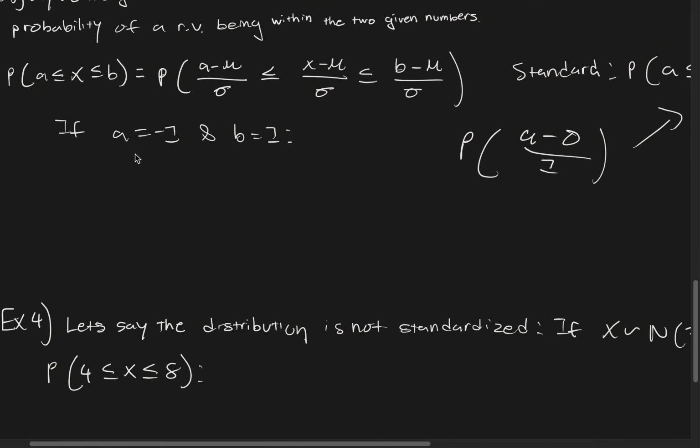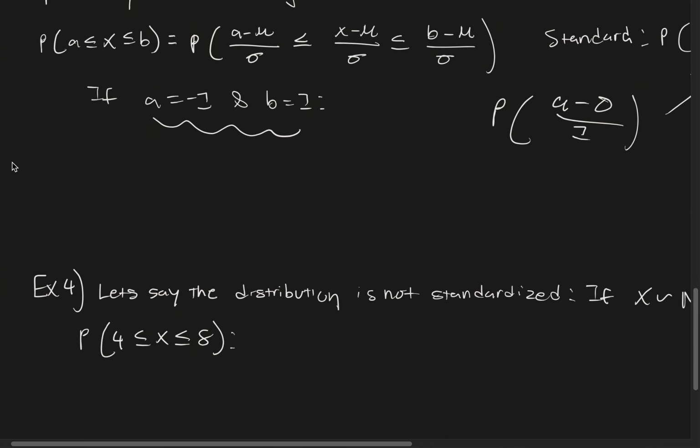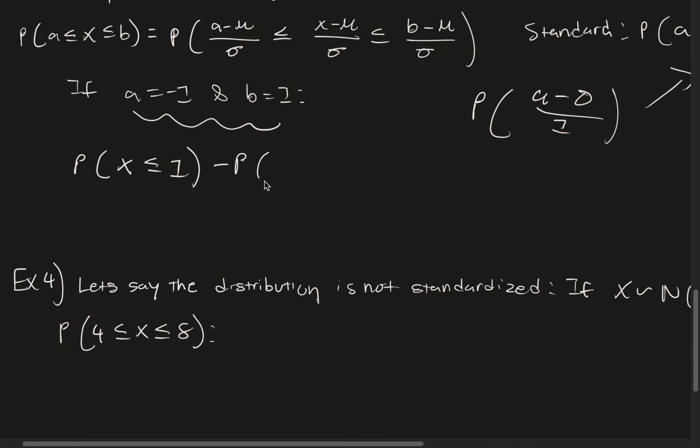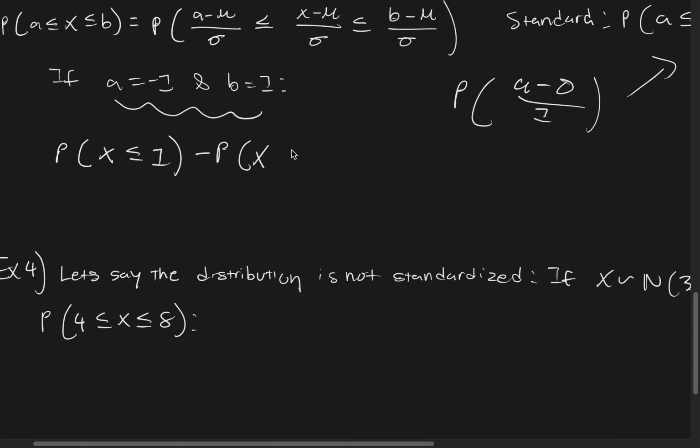But in this case, if we're assuming a standard normal distribution, we would simply say the probability of x being less than 1 minus the probability of x being greater than -1.